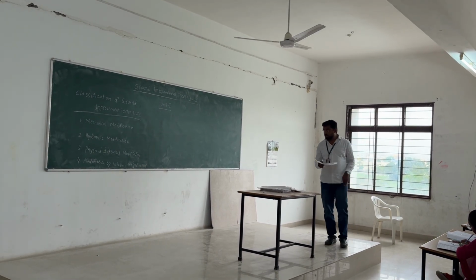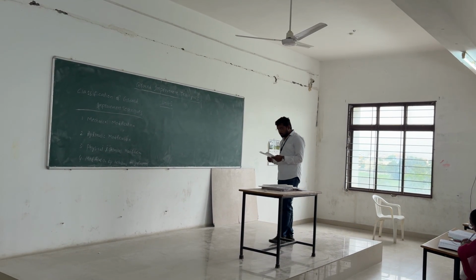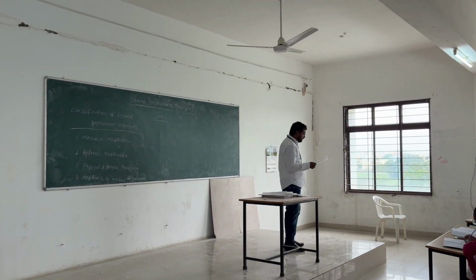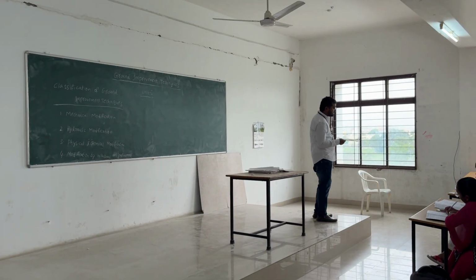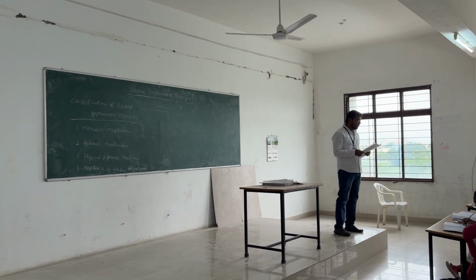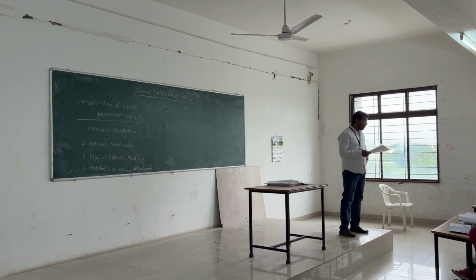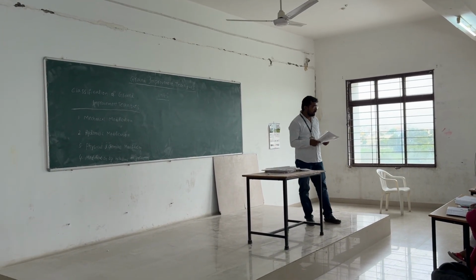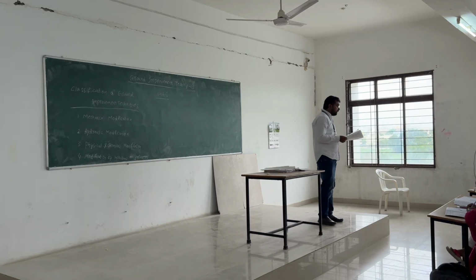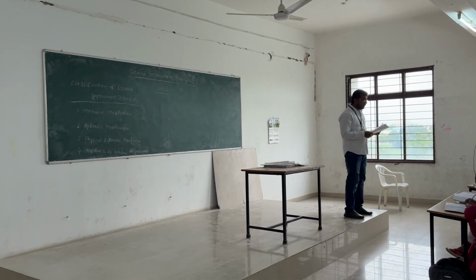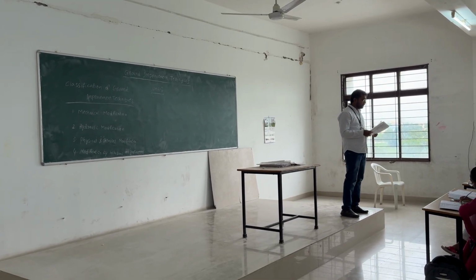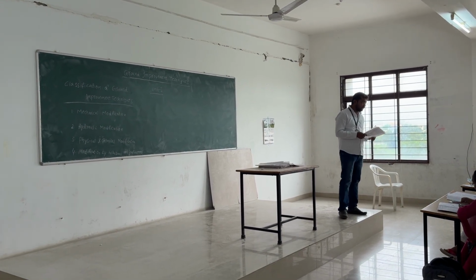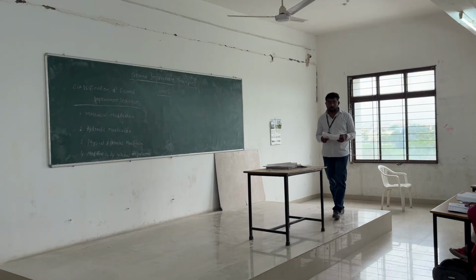Next one, physical and chemical modification. Whatever we do in the laboratory is known as physical modification. Suppose in a particular area the red soil availability is less. At that time what we need to do is add 70% of red soil plus 30% of waste materials, pond ash and fly ash, which come from thermal power plants.